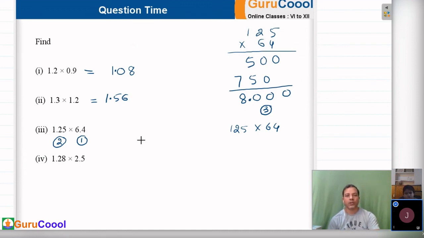Tell me right or wrong. Why come there, only 1 decimal point, sir. This is what I taught you in the starting also. 2 places decimal in the first number or not? 1 place decimal in the second number or not?